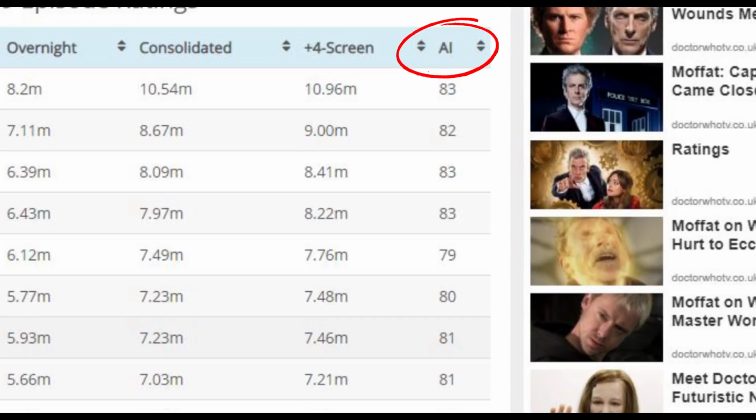Now, I don't know what factors in addition to the AI the BBC uses in-house to assess Doctor Who. Nor do we get the full results of the Pulse survey for Doctor Who. We just get the AI score and that's it. So, a lot of this is guesswork by the fan. Again, as in the case of the BARB ratings, okay? The AI and the supplemental stats are not used for self-promotion.